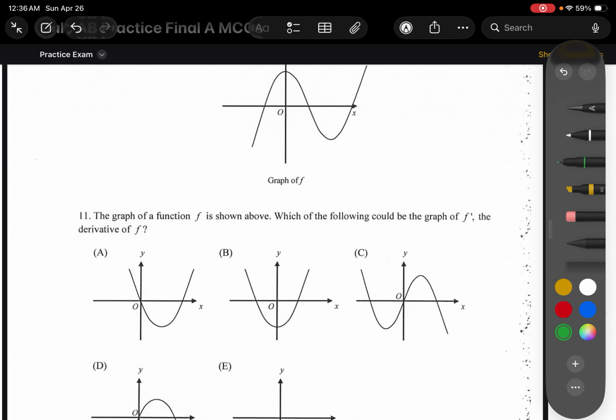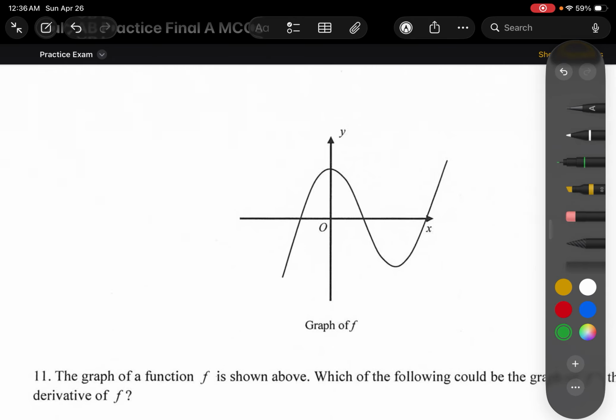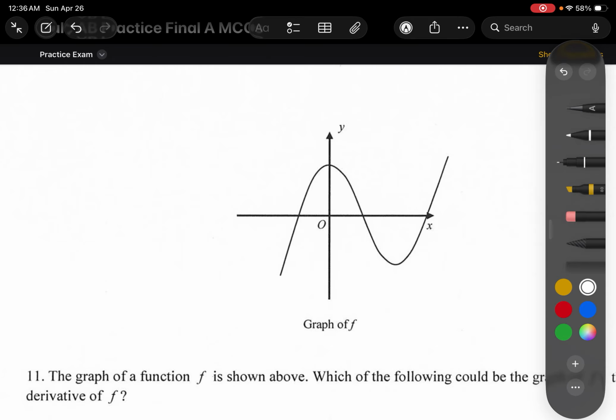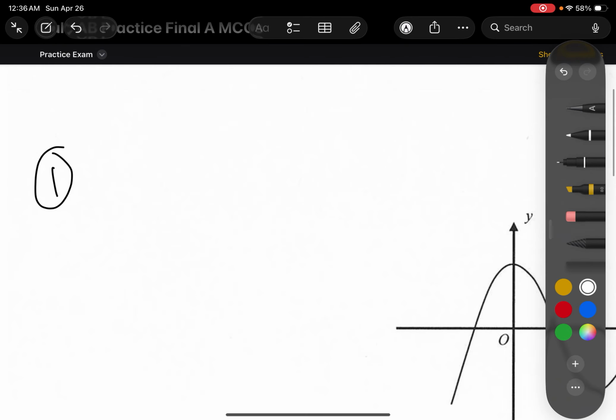11. The graph of f is shown. Which could be the possibility of graph f? So let's mark down the observations that we see.